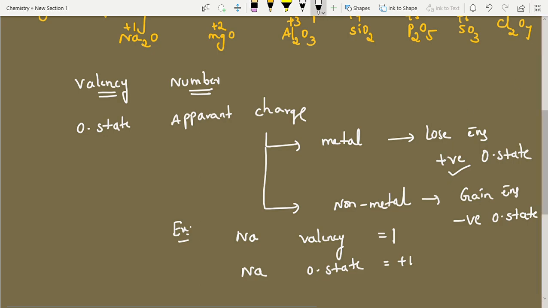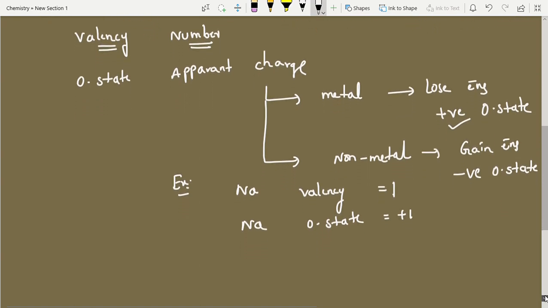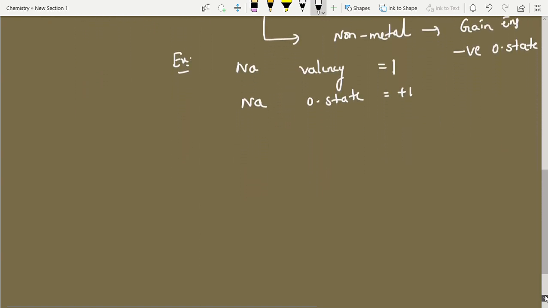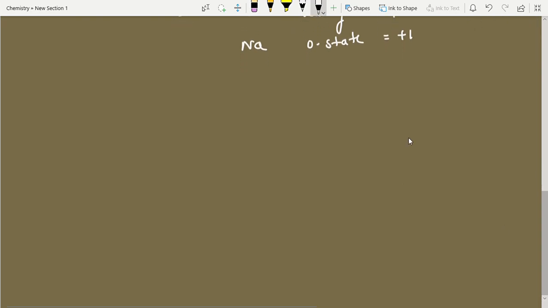Students, check it. In the periodic table we have 118 elements, right? But are all 118 elements in a stable condition? No. Only noble gases.